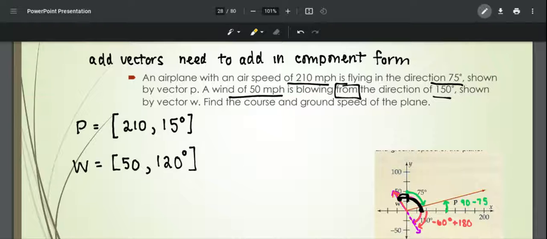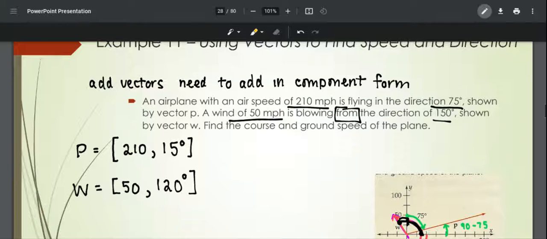We have the magnitude and we have the direction. So this takes us back to what we just did in 6.3b. In order to find the components, we have to find the a and the b value. So remember, your a value in general is your magnitude times the cosine of theta, and your b value is the magnitude times the sine of theta.